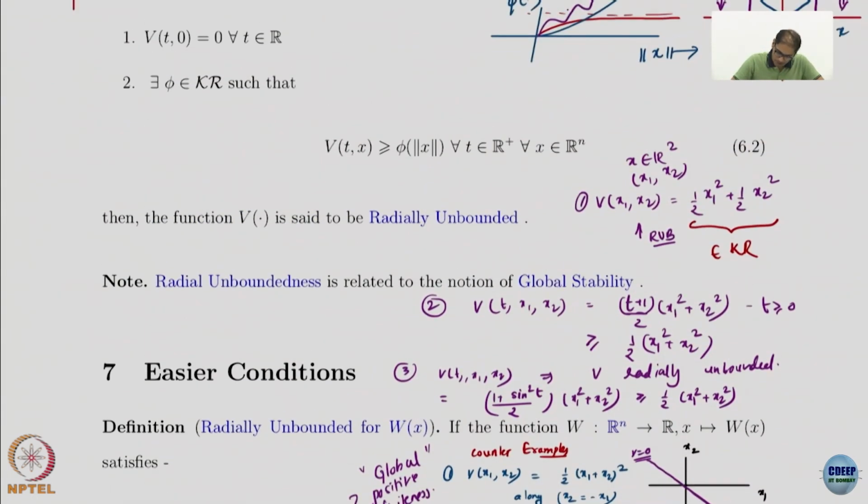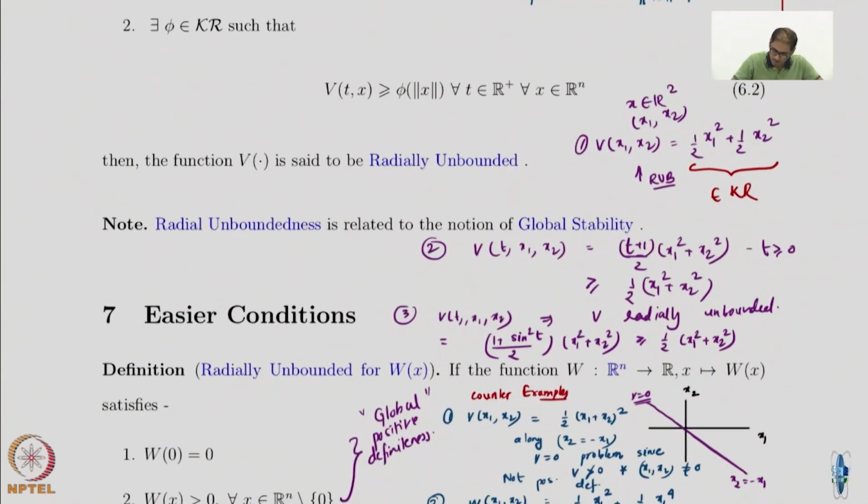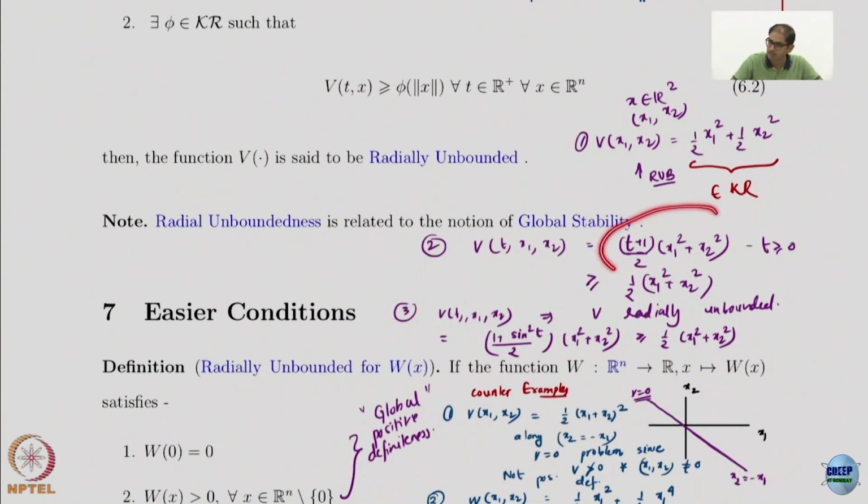Okay, so examples. This function is obviously class KR, just the Euclidean norm. This itself is a class KR function. So if I take V as that, V has to be radially unbounded, because it's equal to a class KR function. Alright, simple. This example again is obviously class KR. Why?